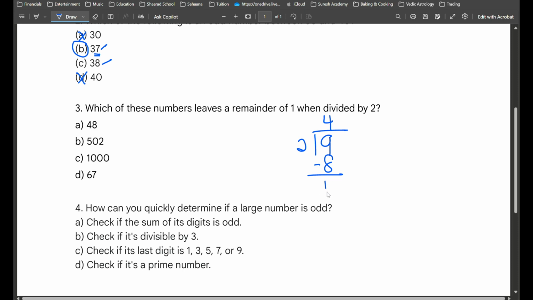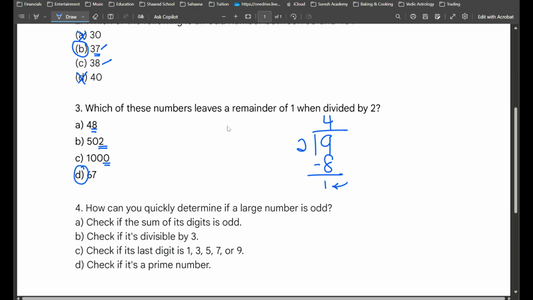There will be a remainder. So, to get a remainder of 1, it has to be an odd number. It cannot be an even number because an even number would not have any remainders if I divide it by 2. So, this is an even number, this is an even number, this is an even number. So therefore 67 would be the answer.